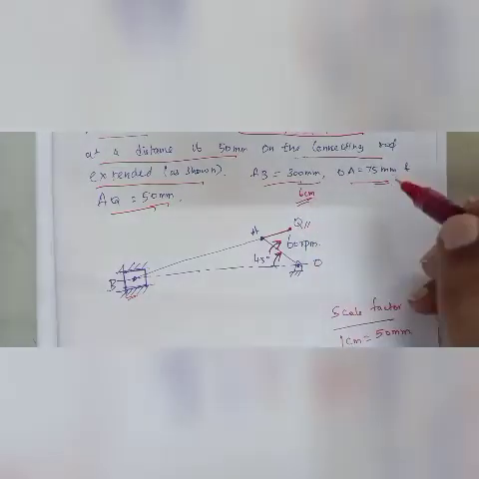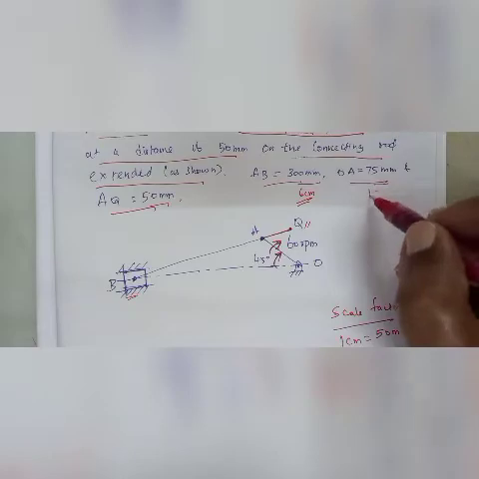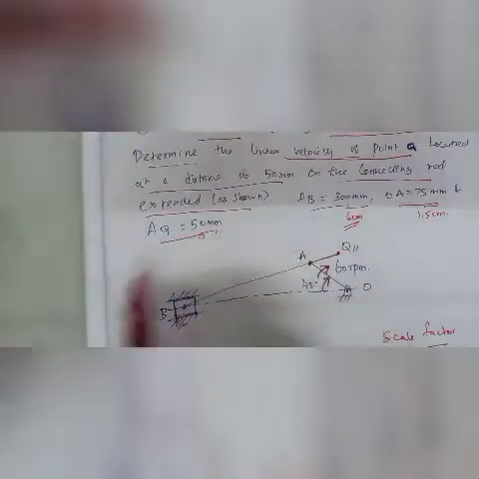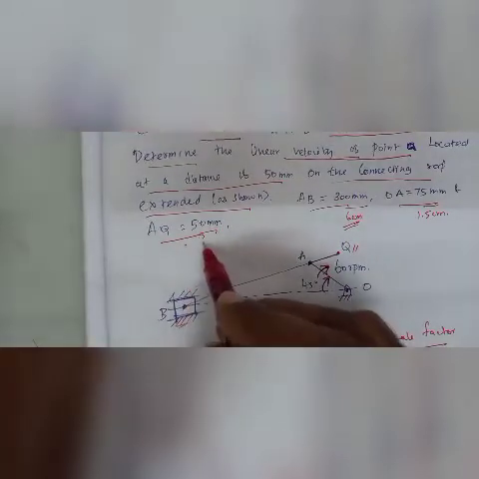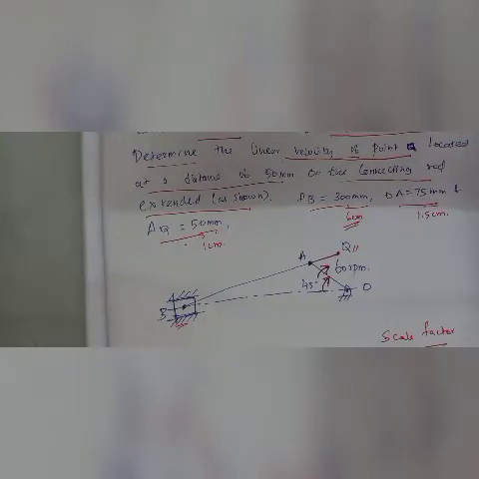For AB it is 6 centimeter, for OA it is coming around 1.5 centimeter, and for AQ it is 1 centimeter. If you want a drawing with enlarged view, you can take 30 mm also or 25 mm also.